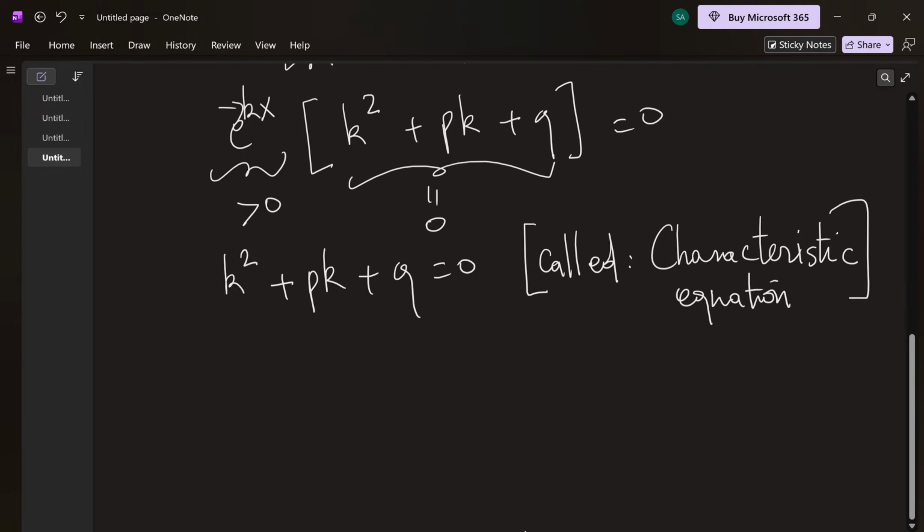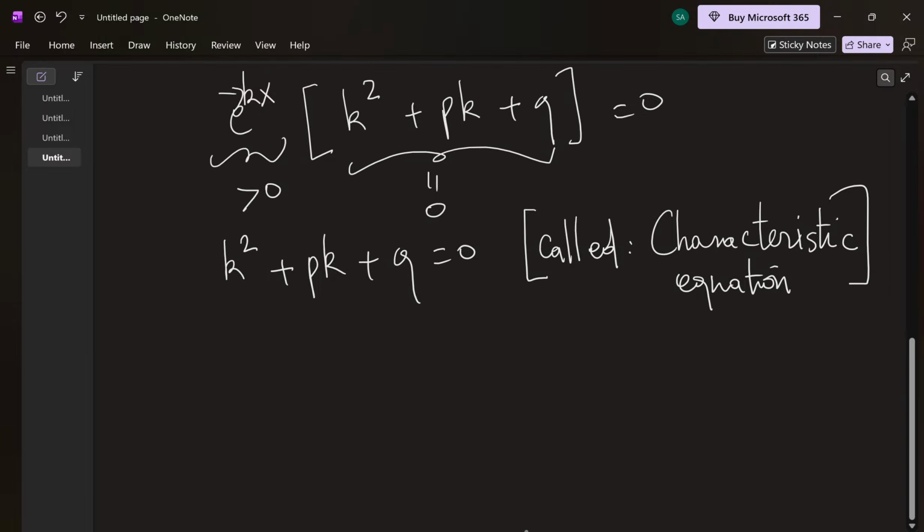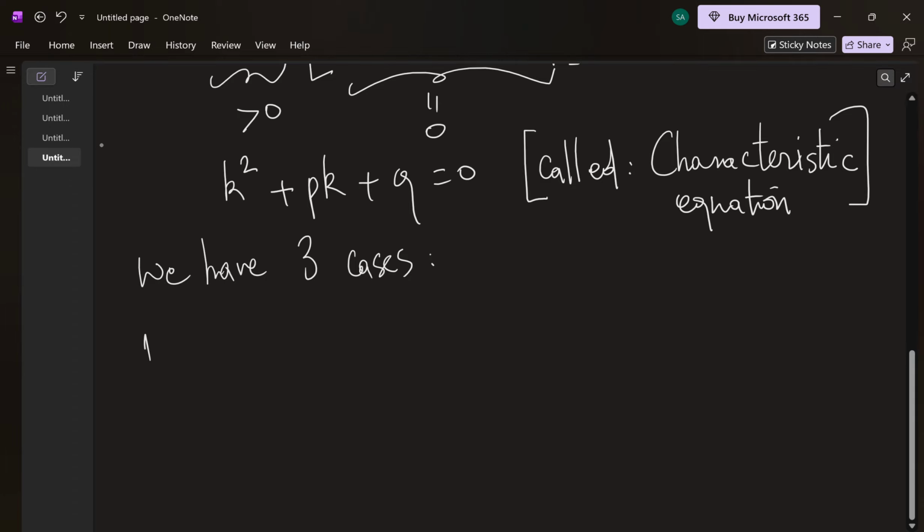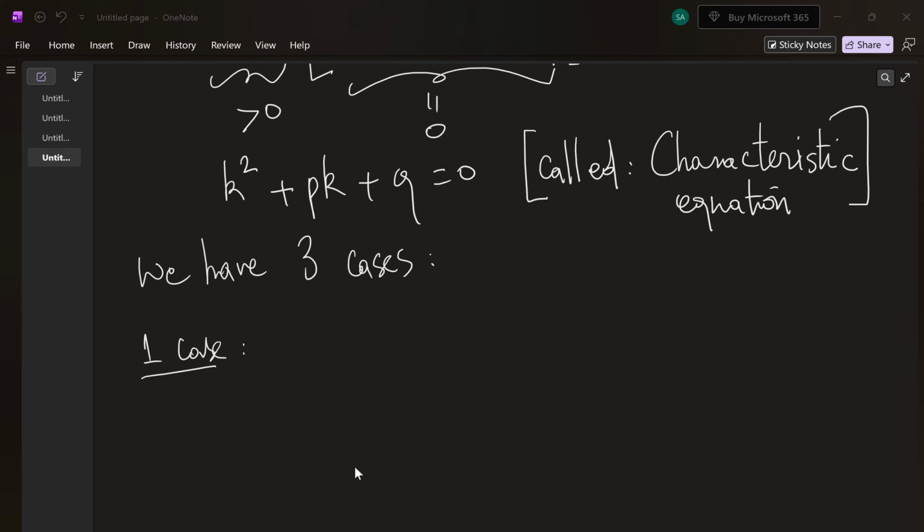Now let's discuss the solution of this second degree equation. So we have three cases. I just said I will not dive into the details.